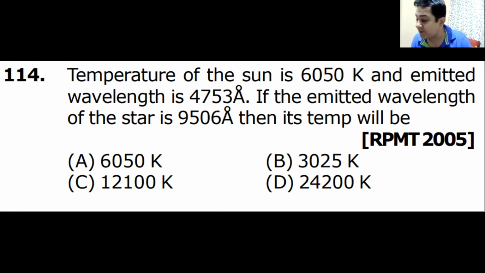So what will happen to the temperature? Temperature will decrease. There's only one option where the temperature is less, and the answer is this. Don't have to calculate it. And see how much time you have saved.